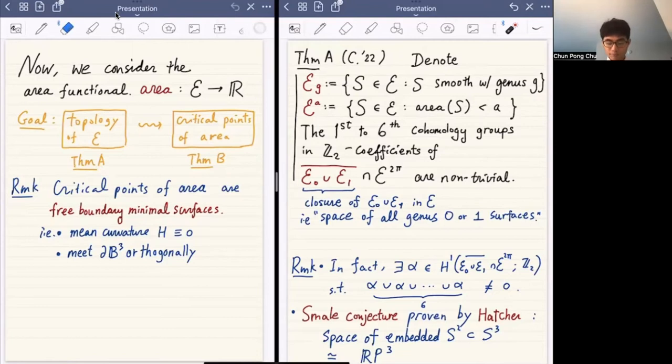So this is like the space of all genus 0 surfaces, right? And then Theorem A here says that if you want to have more non-trivial cohomology groups, you can consider surfaces of higher genus, like genus 0 and genus 1. So this is the idea.